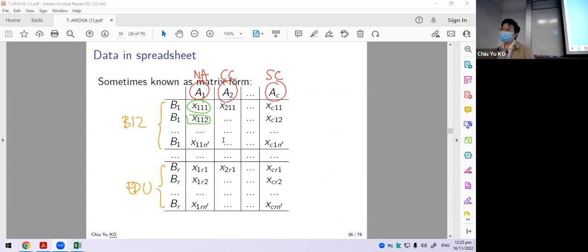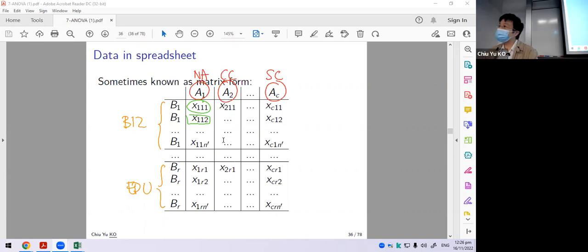If you do Excel, I don't know if there's a fast way, but you can do a filter function and do copy and paste. Unless your data is super big, it shouldn't be an issue. But if you handle big data, then you probably want to use dedicated software like R or Python to convert it. Maybe there's something Excel can do these days, but I'm not aware of that as of now. Okay. Is that okay?